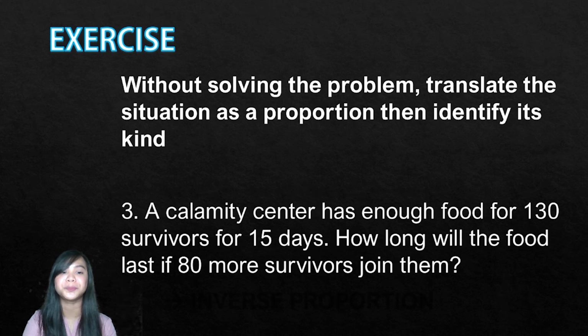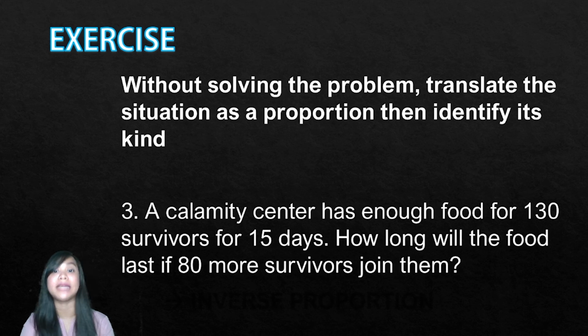Third problem: a calamity center has enough food for 130 survivors. This is allotted for 15 days. How long will the food last if 80 more survivors join them? We are talking about the ratio of the survivors and the number of days that they are going to consume the food supply.